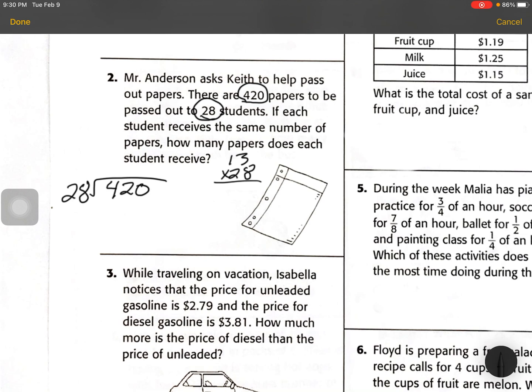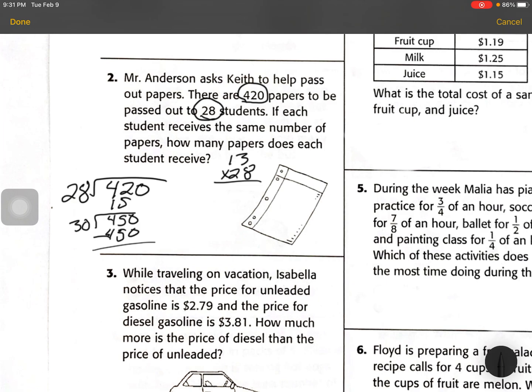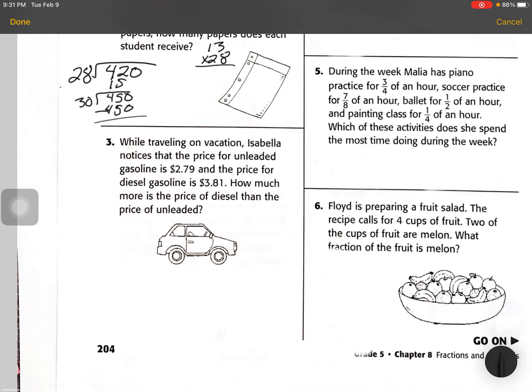Or you can estimate and say, this is really close to 30, and this is really close to, let's see, about 45, because I know 15 times 3 is 45, and I just add a 0. So I know that's really close. So there's a couple of different options you can do there. I'll let you go ahead and experiment if you want to do the guess and check, or if you want to do the estimating to figure out the answer for that one.